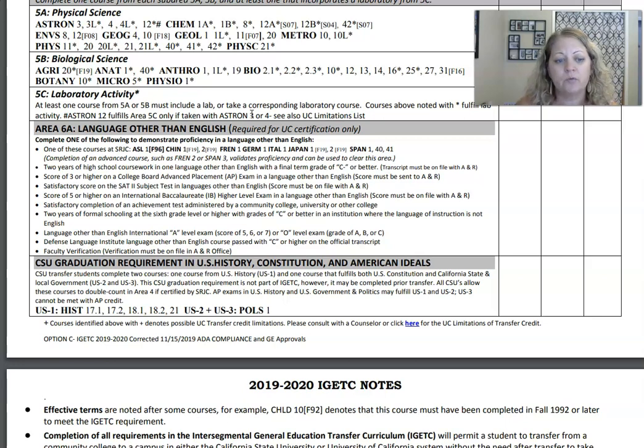So if you went to school in Mexico and you have a transcript, then we can use that to verify the LOTE. The other thing you can do is take an achievement test administered by SRJC faculty. We do not have every language, but I'll show you on the Transfer Center page where to find that information on what languages we do have.